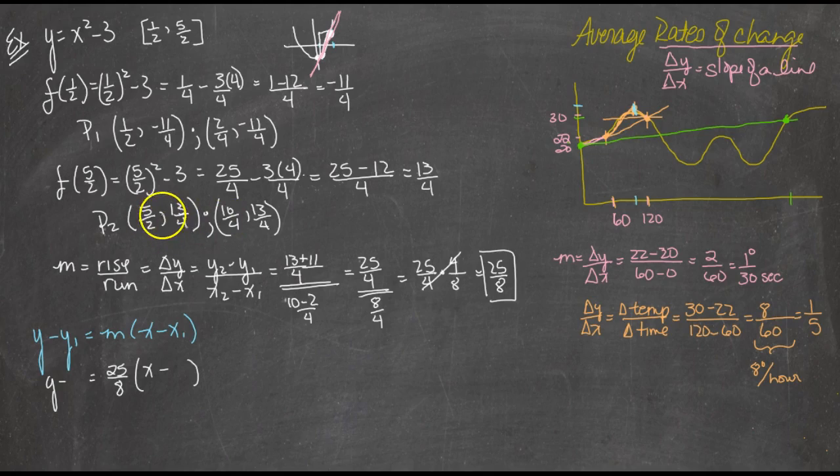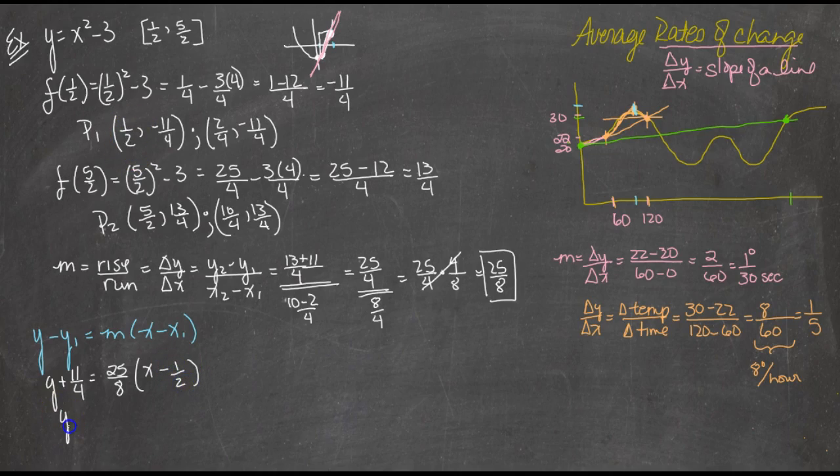So none of them are really pretty, and I'm going to go to the reduced forms, but I think this might be a better one, mostly because since I'm going to be subtracting a y value, this will make it positive, and 1/2 is just smaller, I think that's just going to be a prettier calculation with these 2 fractions. You make your own choice. It doesn't really matter. Y minus the y I know is 11/4, and then 25/8 times x minus the x I know, which is 1/2.